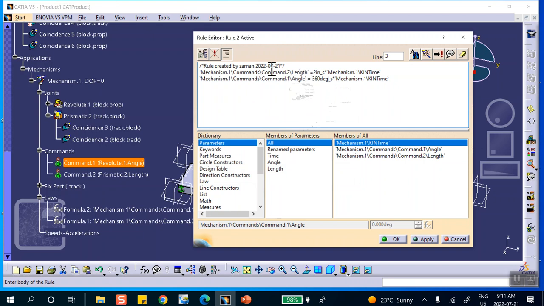Where? This is a quotation. Second one. This is not an apostrophe, you're saying? What is this? This is a quotation, isn't it? First line.